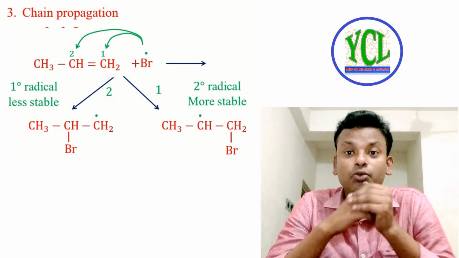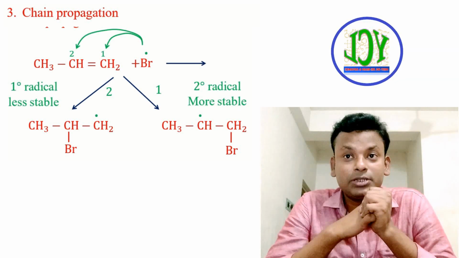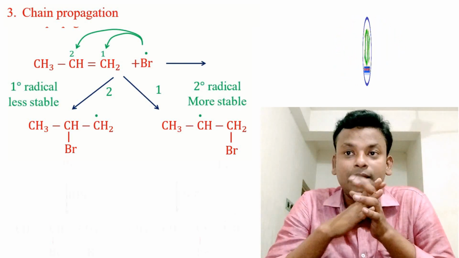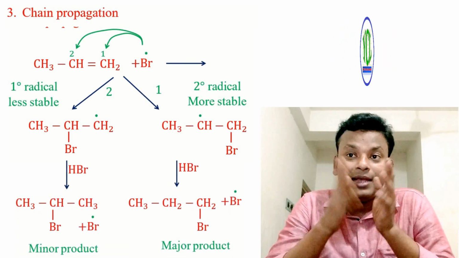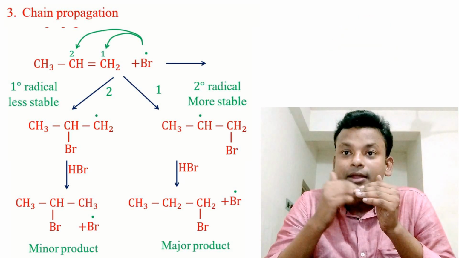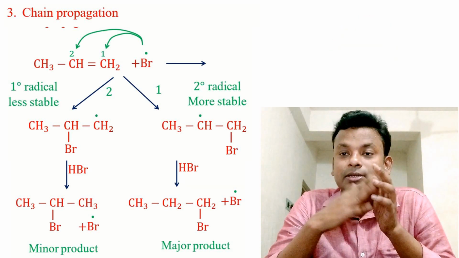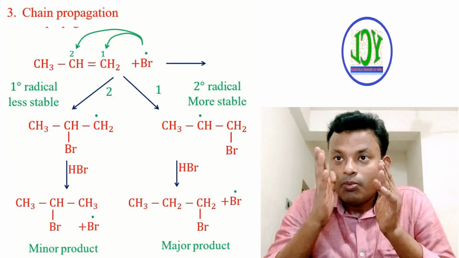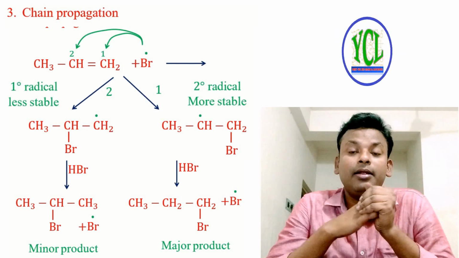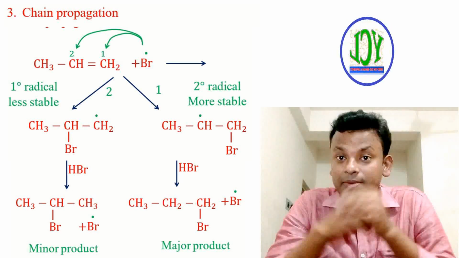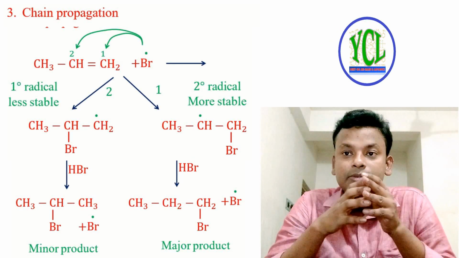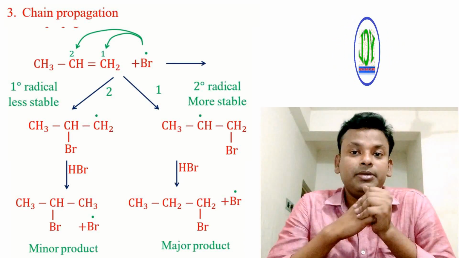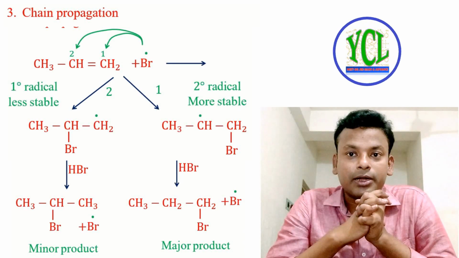We know that the 2-degree radical is more stable and the 1-degree radical is less stable. In the second step, HBr is added and gives the major product. A more stable radical means a stable intermediate, which gives the major product, and a less stable intermediate gives the minor product.